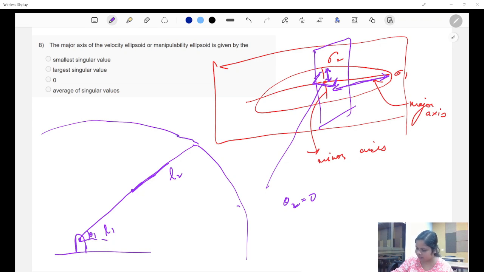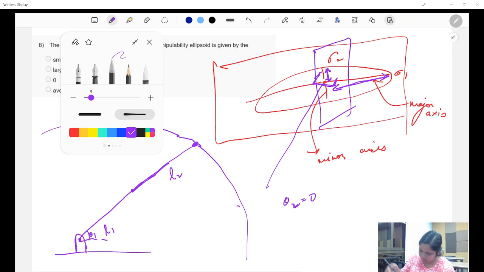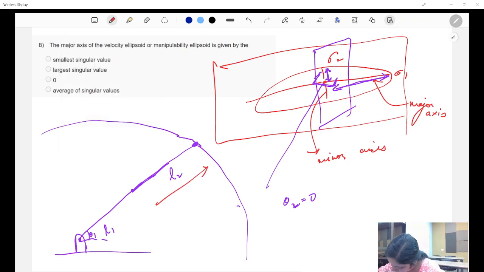Why singular configuration? Because if you are in this position, you cannot move in this direction. You cannot take it forward and backward. The only option available to you is to move in this direction by maintaining the same configuration. If your theta 2 is 0, let any value of theta 1 be there.